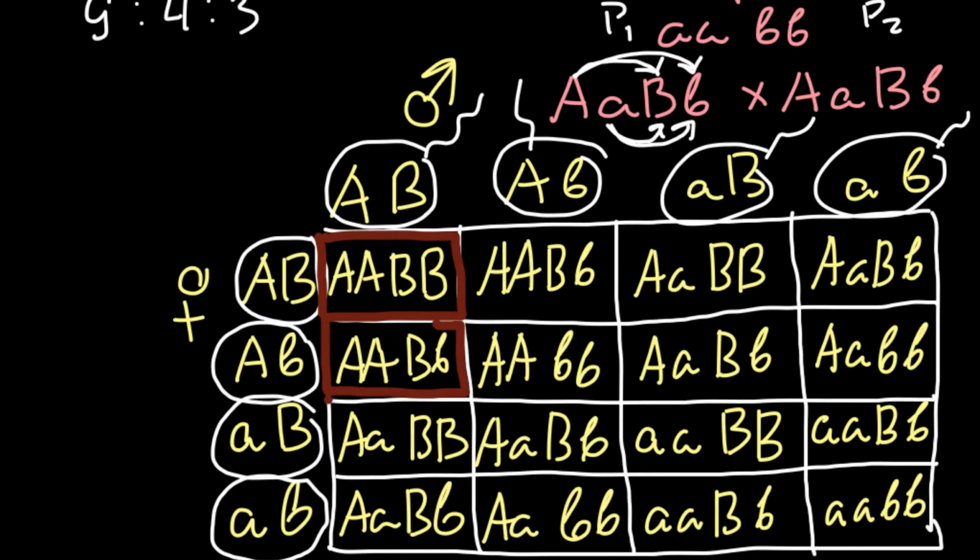Dark brown phenotype here, and here, dark brown phenotype here. But let's take a look at what phenotype we have here. This genotype is able to produce dark pigments, but this genotype doesn't have a functional enzyme, so we wouldn't be able to see any pigment here at all.